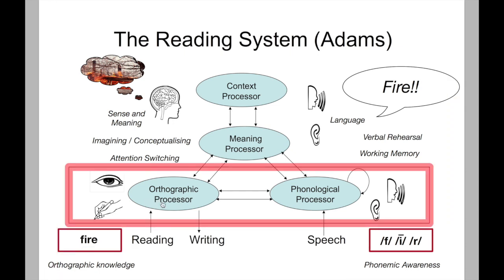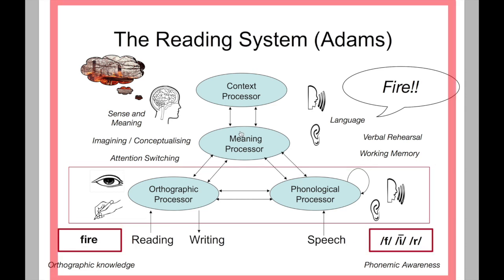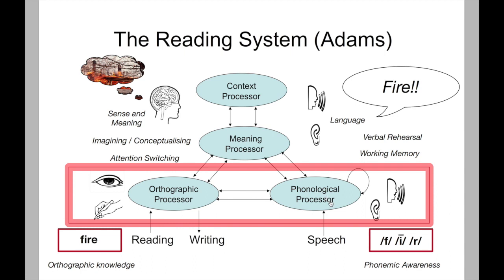In reading, I'd have to look at that, based upon those rules, break it down into its parts, and go, I know what that means. Now, what we'll see later on with the ventral shift hypothesis is, in the early years, a child and a teacher rely a lot on the phonological processor to support that orthographic processor. But as one becomes automatic and fluid with their reading, one doesn't necessarily need to sound out every word that they see.